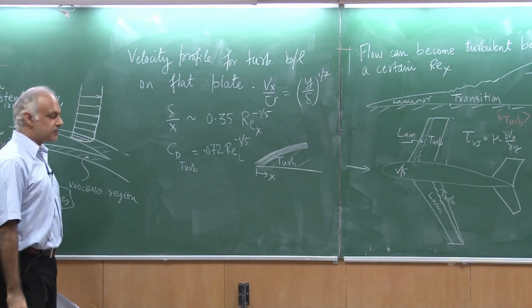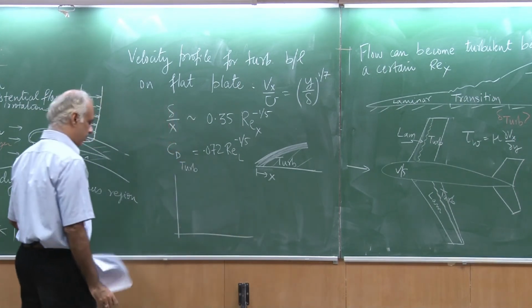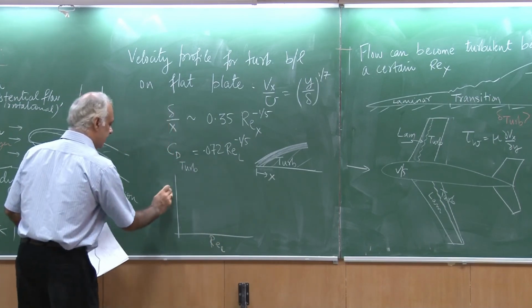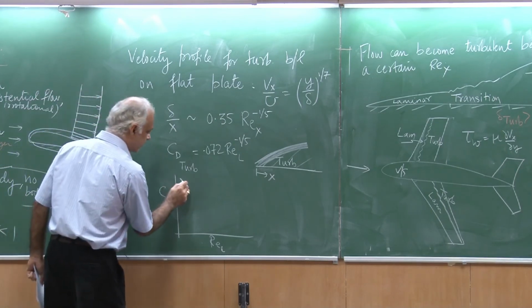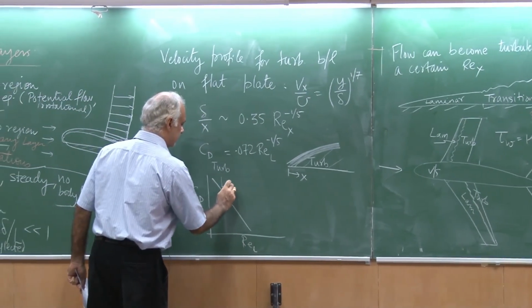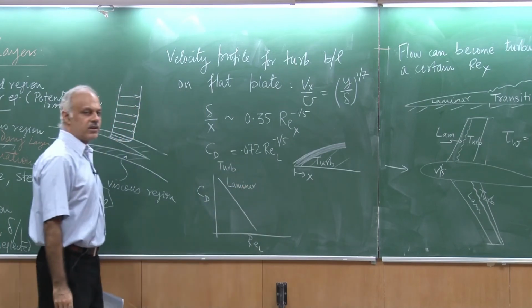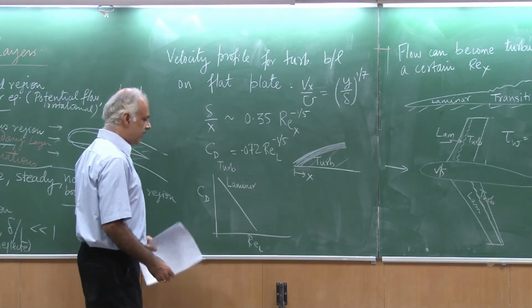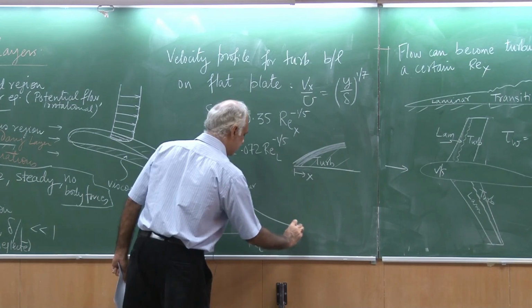Just to put this in perspective, if I draw a diagram, this is my Reynolds number and this is my drag coefficient. This is what I would see for laminar. I am plotting on a log scale. But for a turbulent flow, it would look something like this.